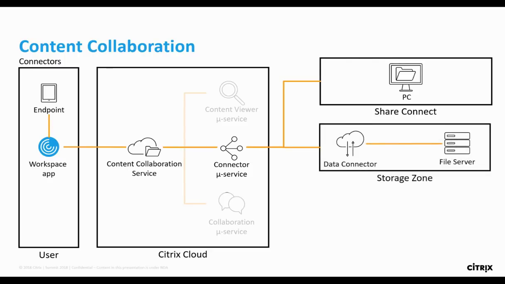The next part of this is what we call storage zones, and this would be network file servers. So you might have network file servers within your data center, and we can make it really easy for users to get access to that content remotely on any endpoint device via the Workspace app and the content collaboration service.